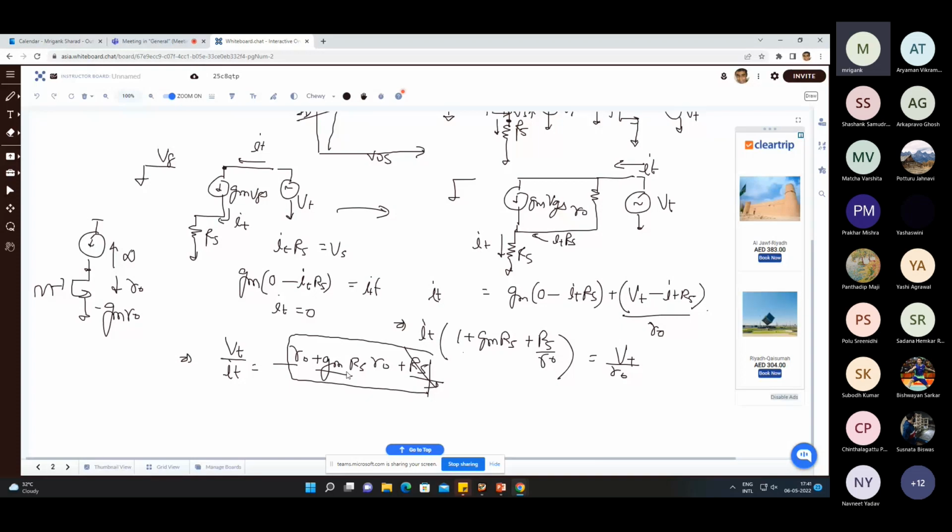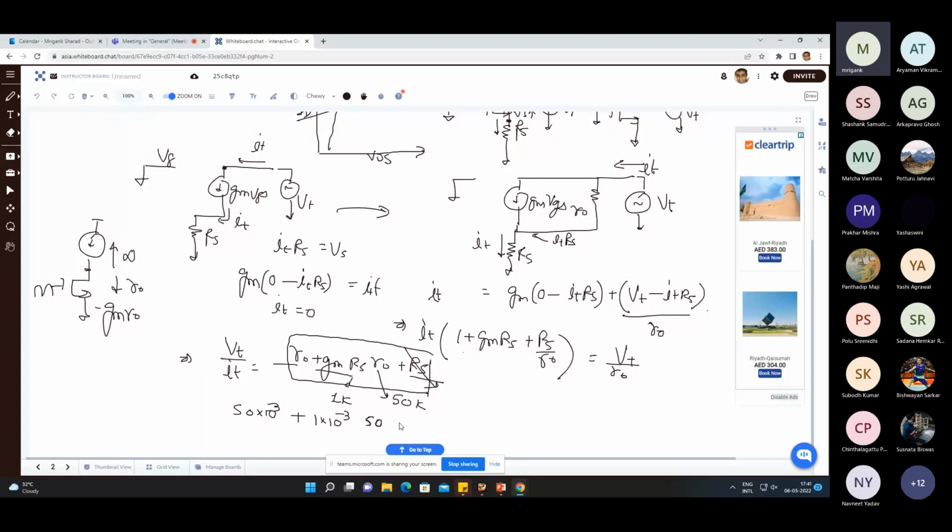And likewise, we're talking about this comparison of GM RS RO and RO. Again, in most cases GM RS can be large, unless RS is very small. Suppose RO you have taken is 50K, and RS is very small, only 1K. In that case, probably you will not be able to ignore, because now this RO is 50K, and here GM may be, suppose, 10 to the power of minus 3, and you have RS RO, which is 50K times RS of just 1K.